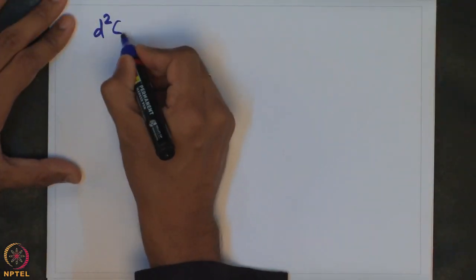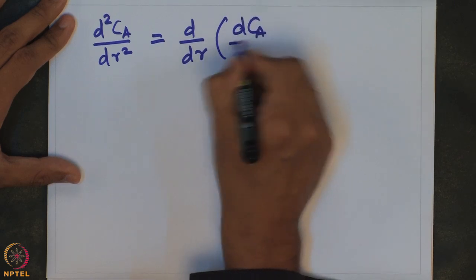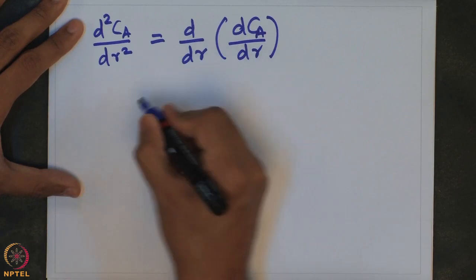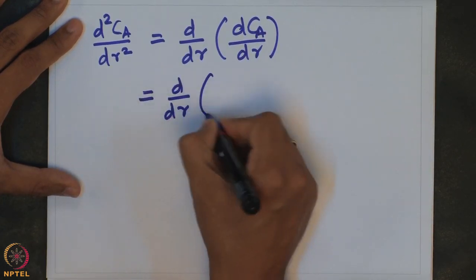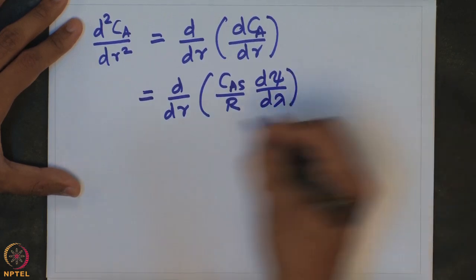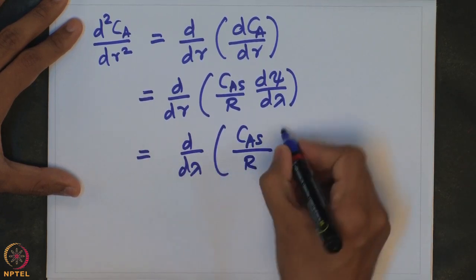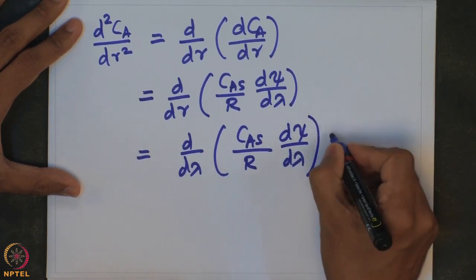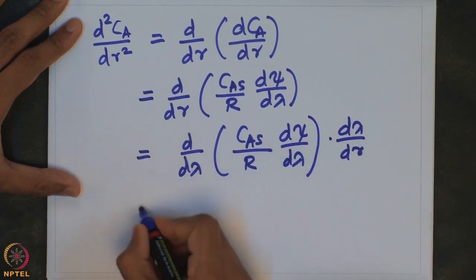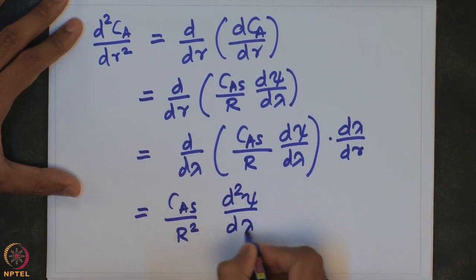So, now if we look at the dimensionless form for the second derivative in the new variables, d square Ca by dr square, that is nothing but d by dr into dCA by dr, but we just found out what is dCA by dr. So, that should be equal to d by dr into Cas by R into d psi by d lambda, and this we can write by chain rule as d by d lambda into Cas by R d psi by d lambda into d lambda by dr, which is equal to Cas by R square into d square psi by d lambda square.